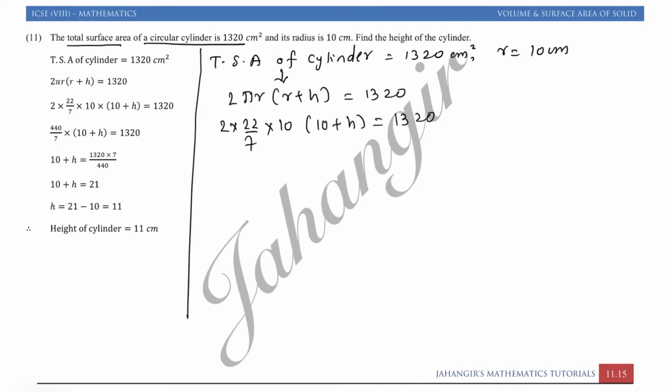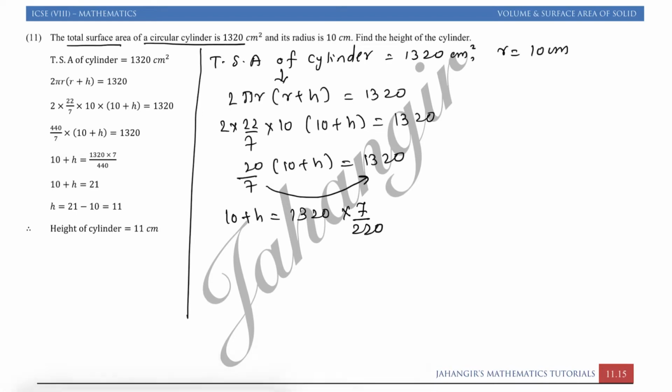We cannot cancel anything, so I can write 220 upon 7 into 10 plus h is equal to 1320. Do not multiply the bracket. Instead, this term you can shift to the other side. So you will get 10 plus h is equal to 1320, and 220 by 7 will become 7 upon 220. 22 into 20, 440.